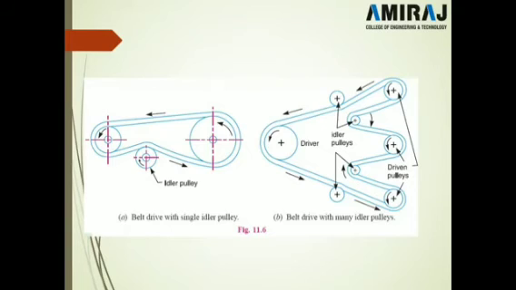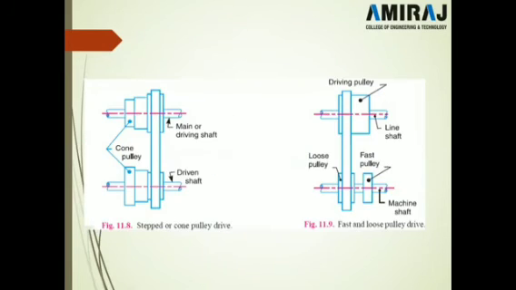So to overcome this problem, we have to use the idler pulley to increase the tightness of the belt, or to overcome the slack of the belt. We have to use the idler pulley, so we can increase the efficiency of the belt, right?